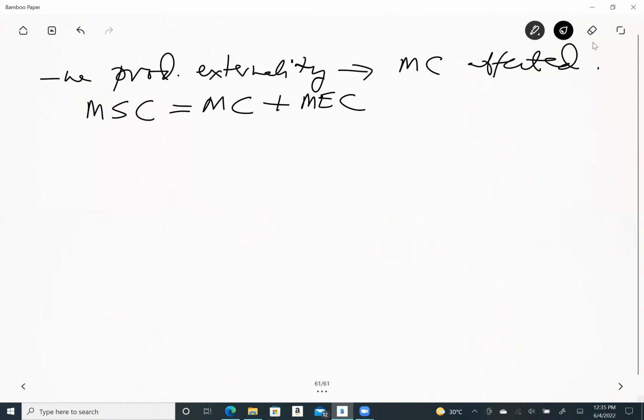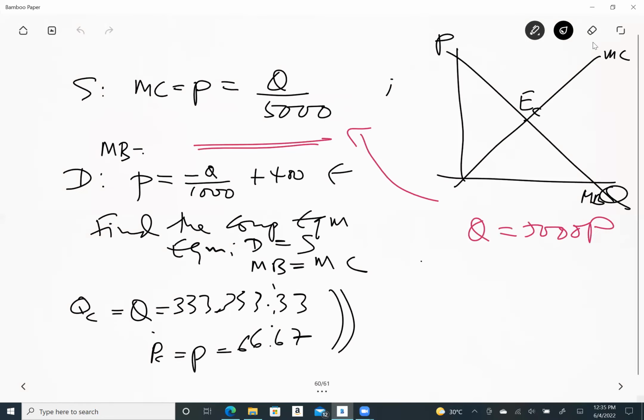Okay, I come back here. Now, I saw a few of the work. When you write Q as a function of P, with 5,000 P, well, our theory is externality theory.